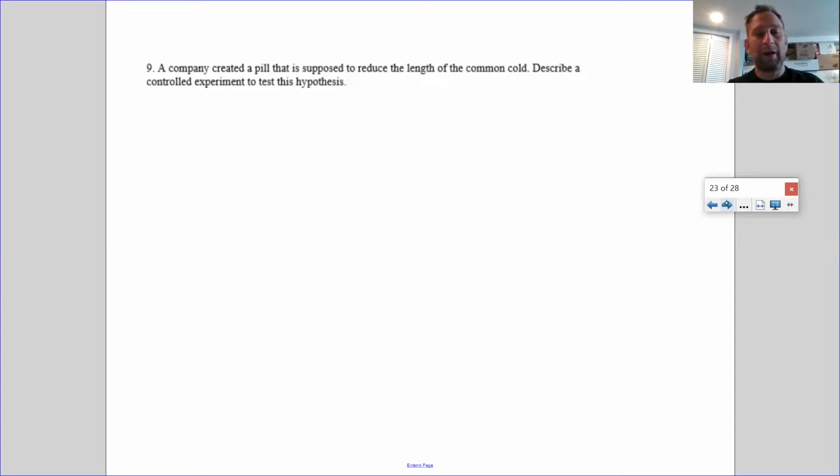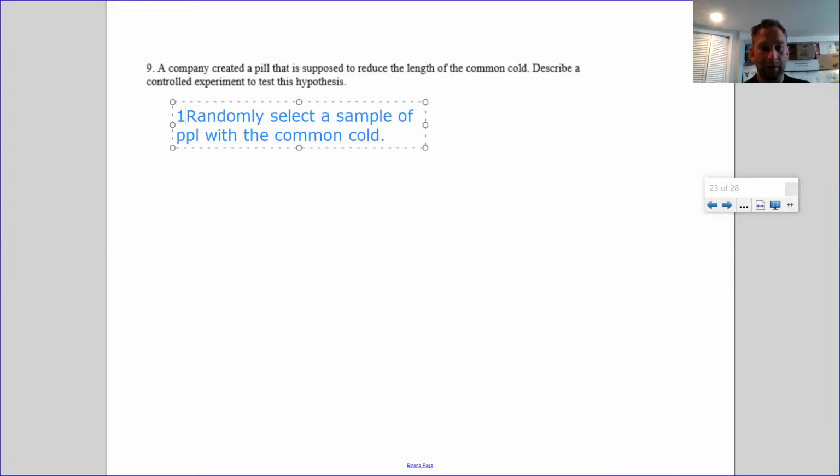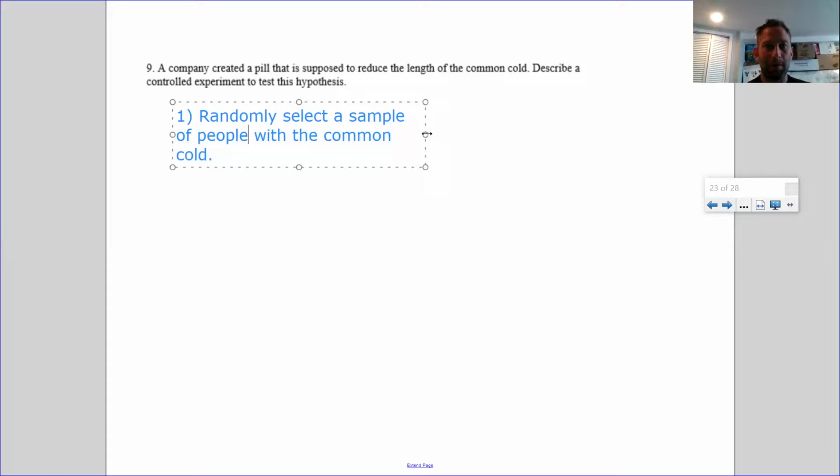Describe a controlled experiment. Again, for a controlled experiment, we are going to randomly select a sample of people with the common cold. No, I'm not going to take shortcuts. People with the common cold.